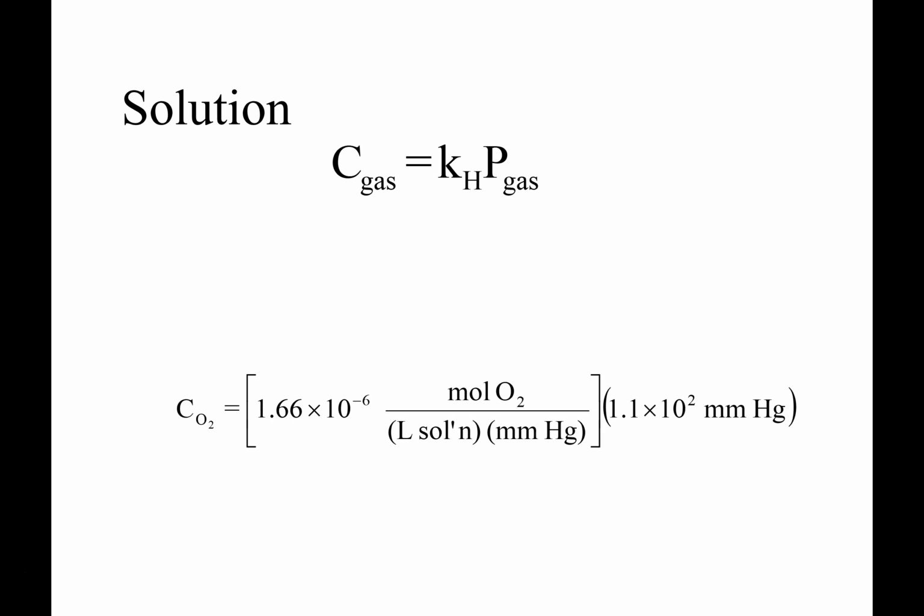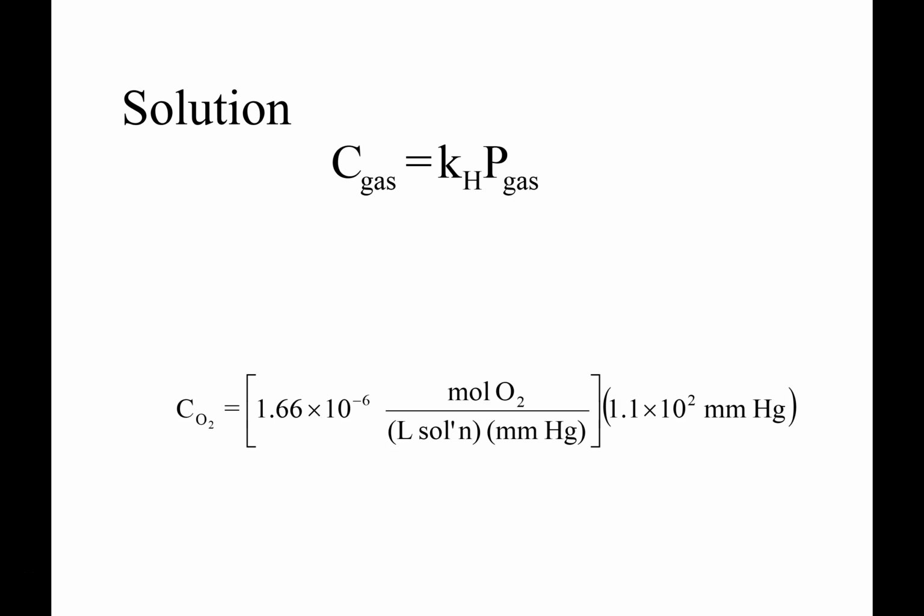All right, now I'm going to plug in. So my first term is my KH, which is 1.66 times 10 to the negative 6th. And units of this KH are moles of O2 per liter of solution, also in the denominator, millimeters of mercury.